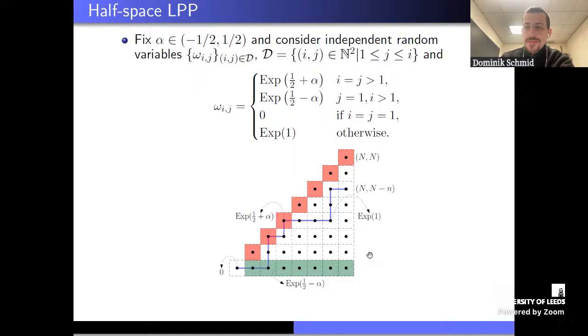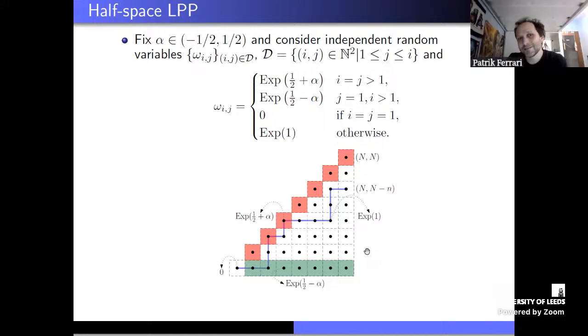Now the second point you asked. There is a system of stationary measures which were obtained by Guillaume and Ivan, which in the bulk is essentially the same, but the first two lines are not just exponential 1/2 minus alpha; they are a little bit special.